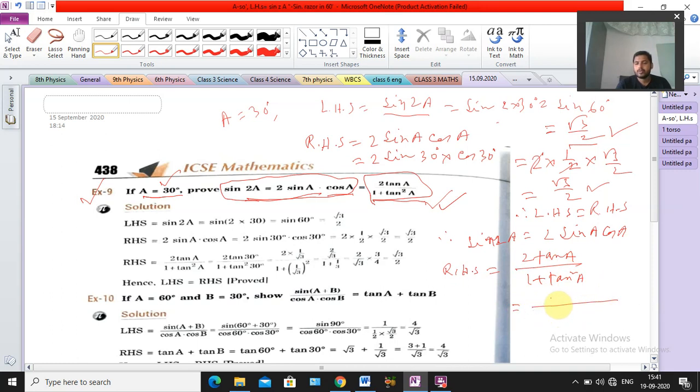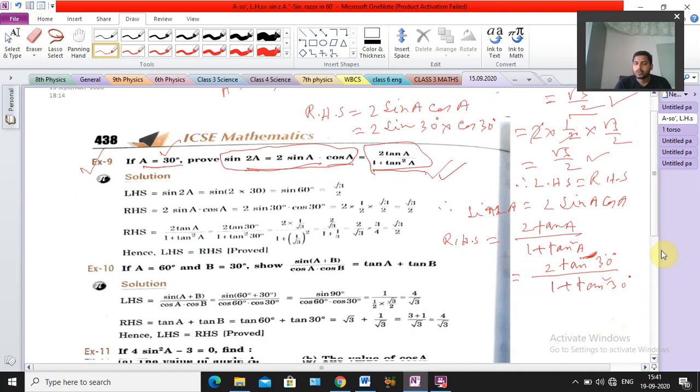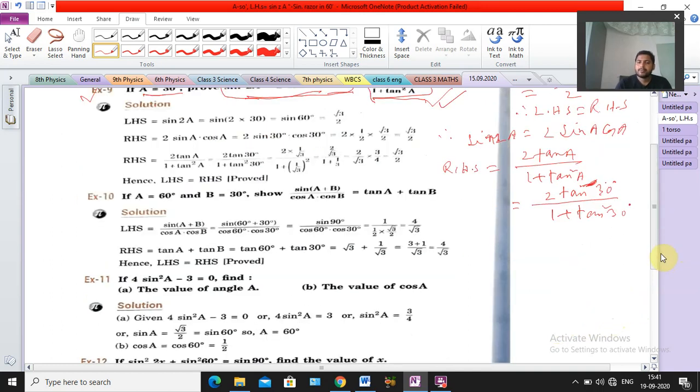Just put the values of A. So 2 tan 30 degrees by 1 plus tan square 30 degrees. This is given in the question; we are just putting the value of A.